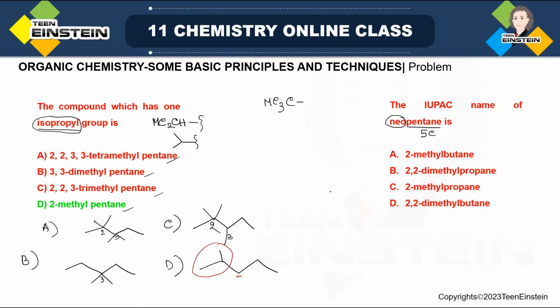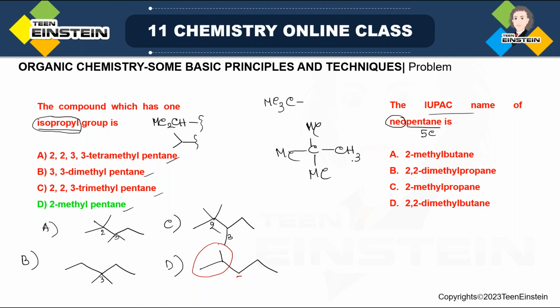But when you have this type of group, then it is neo. So how will I write it? 3 methyl groups when you place, already 4 carbon done. Only 1 position is there where 1 more methyl goes.